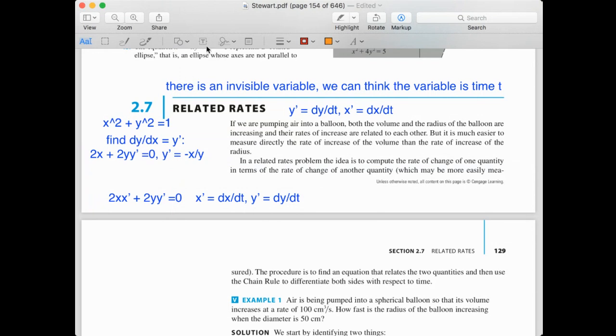Now let's use related rates for the circle, the unit circle. How should we think about it? We have a circle here.